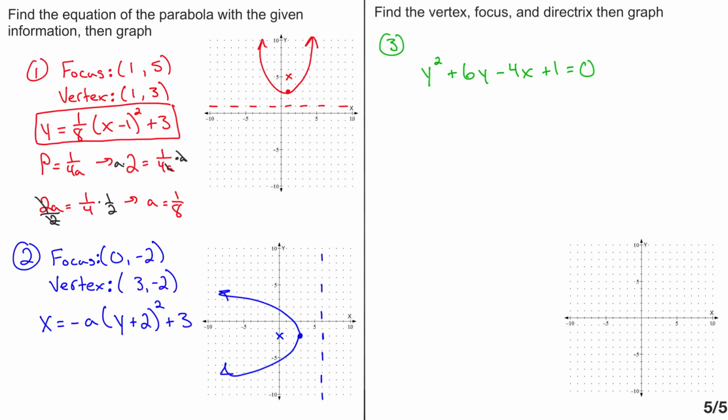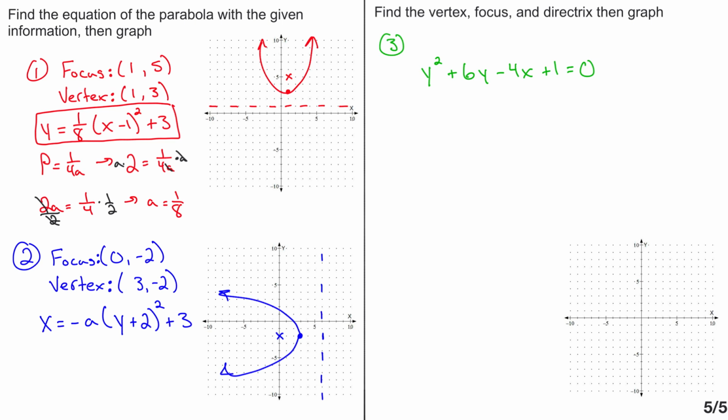Again, that's what makes these a little bit more difficult, when they're x equals equations, basically parabolas that open left and right. Then the number inside of the parentheses is next to the y value, which indicates that this number affects the y value of the coordinate, not the x value. So it's the same process, same thinking, it just looks a little different because it's from a different perspective.